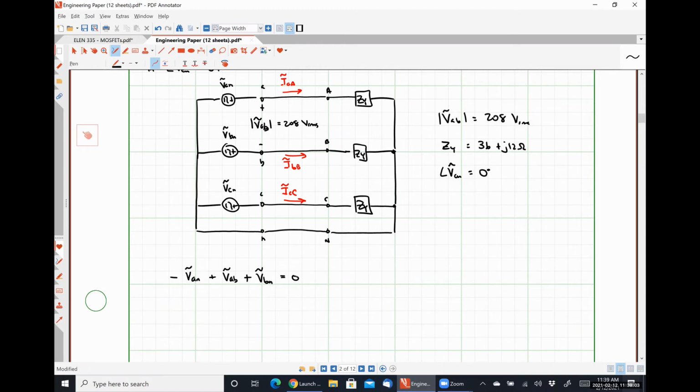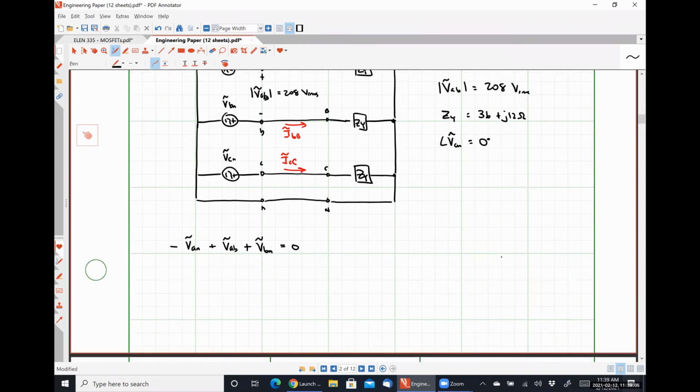KVL around that loop. I'm going to rearrange things slightly. So I'm going to say that VAB is VAN minus VBN, which I believe is what you were mentioning, Chris.